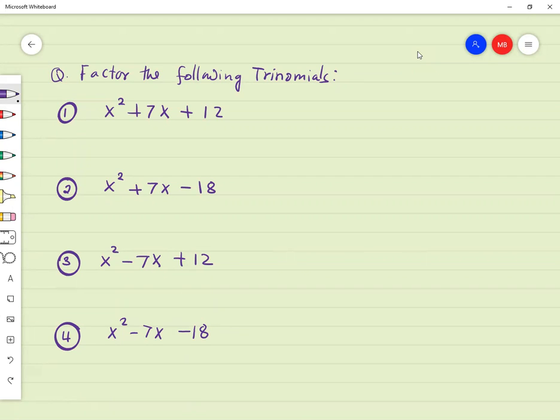All right, factor the following trinomials. Number 1, we have x squared plus 7x plus 12. According to the method, we are looking for the two numbers whose product, I'm going to write P for the product, is 12 and whose sum is 7.